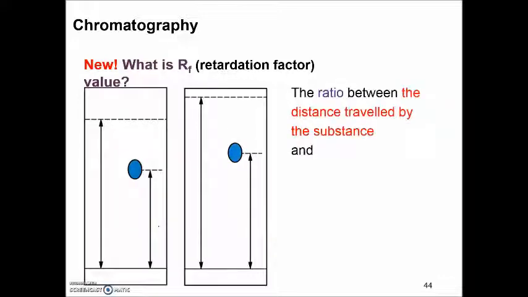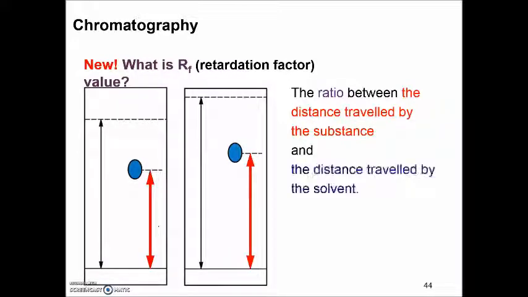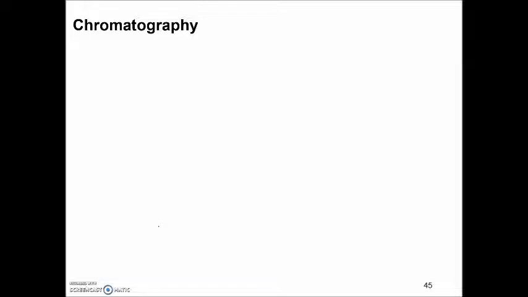It is the ratio between the distance traveled by the substance, that means spot, and the distance traveled by the solvent. Now you should see this formula on page 1 and point 3 of your notes. So this is the distance traveled by the substance, and this one in green is the distance traveled by the solvent.